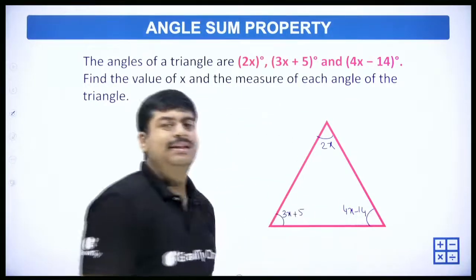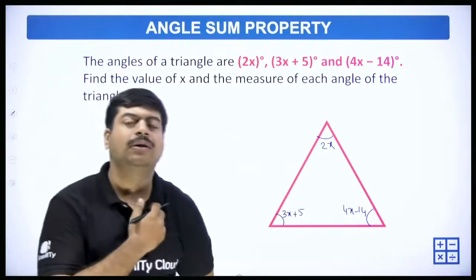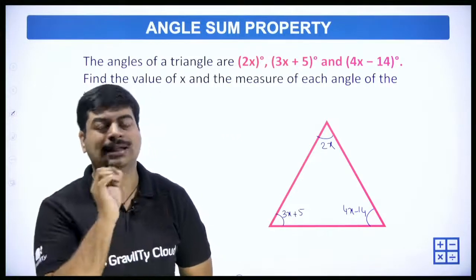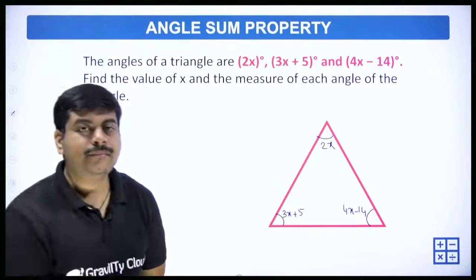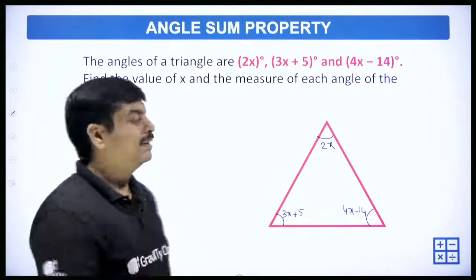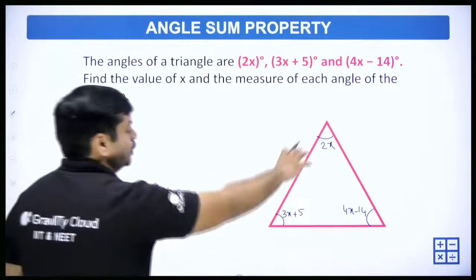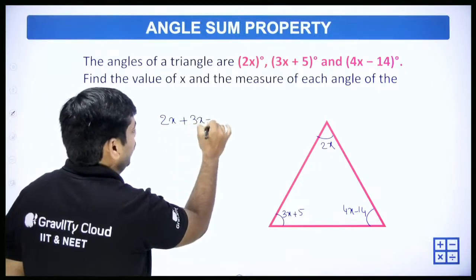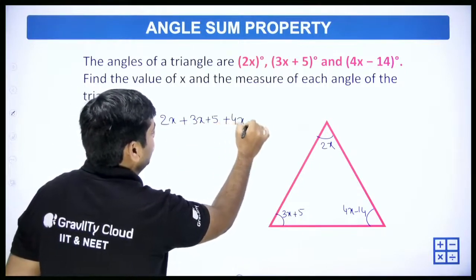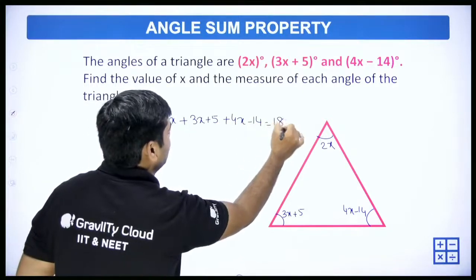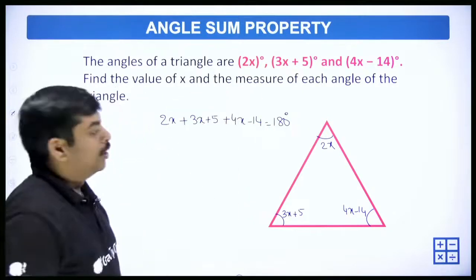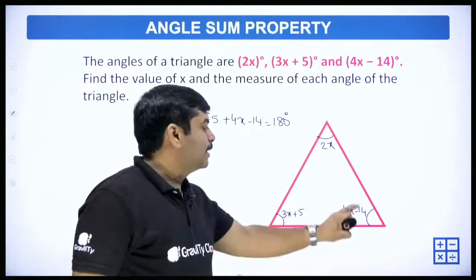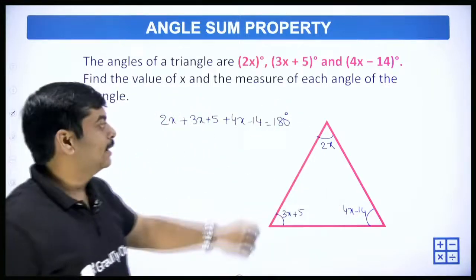What we just discussed before this slide is that the sum of all the interior angles is 180 degrees. So add all this: 2x plus 3x plus 5 plus 4x minus 14 is equal to 180 degrees.